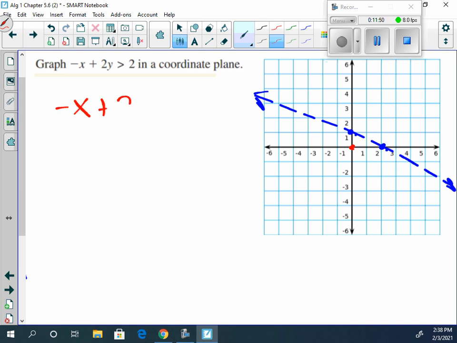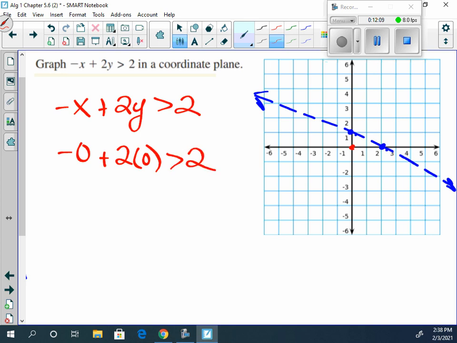It works out even better with these here. Because if I take the equation negative x plus 2y is greater than 2, because again, we're using the inequality sign because we're trying to check which side to shade. We're going to plug 0 in for x and y. So negative 0 plus 2 times 0 is greater than 2. Well, negative 0 is just 0, yes?